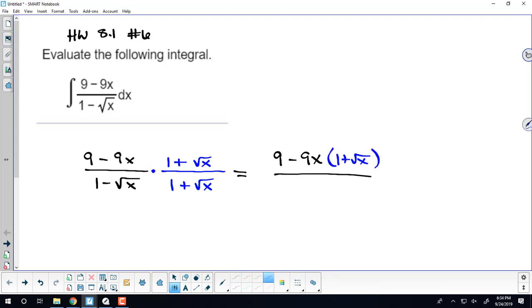What do we have on bottom? This is just 1 plus x, 1 minus x. This is a minus b, this is a plus b. The product is a squared minus b squared.